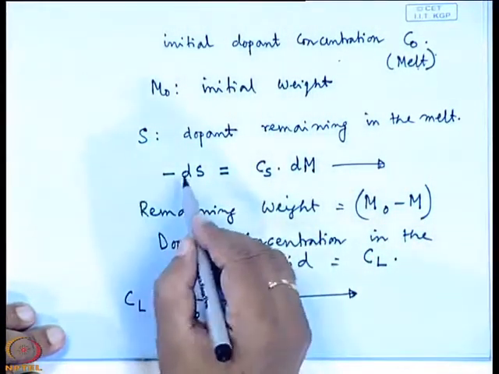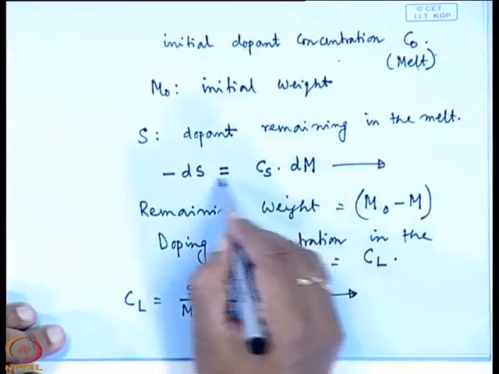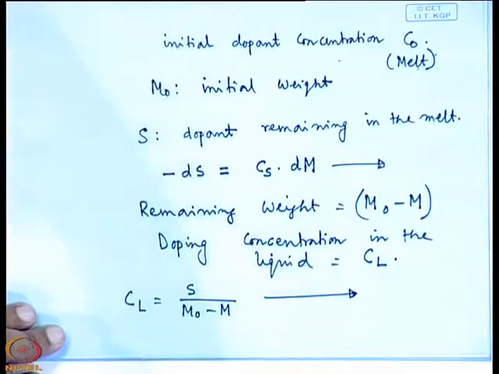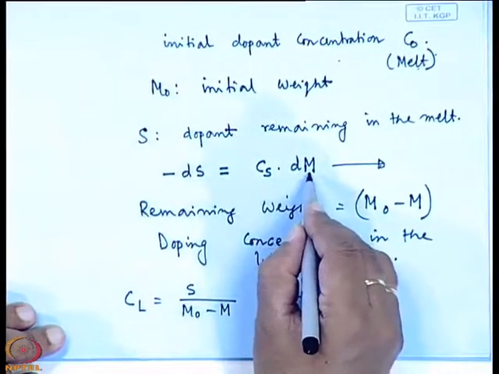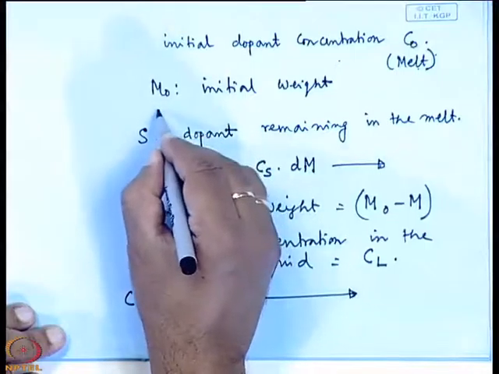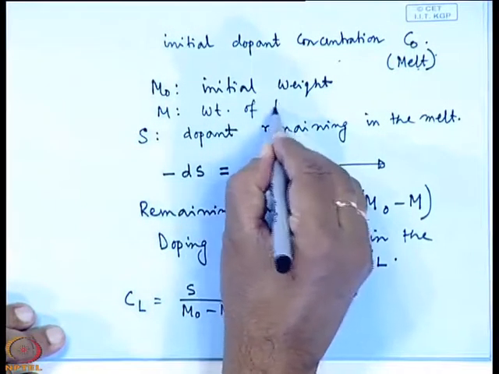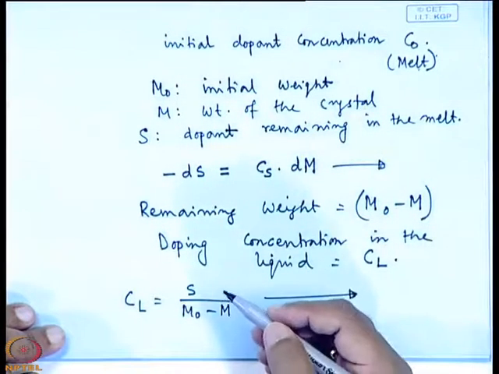So, we can write that minus dS equals Cs into dM. Why is it minus? Because it is decreasing, it is rejected to the melt. That is why minus dS equals Cs into dM, where M at that instant of time is the weight of the crystal in the solidifying state.